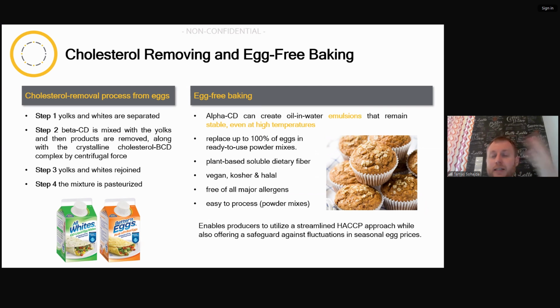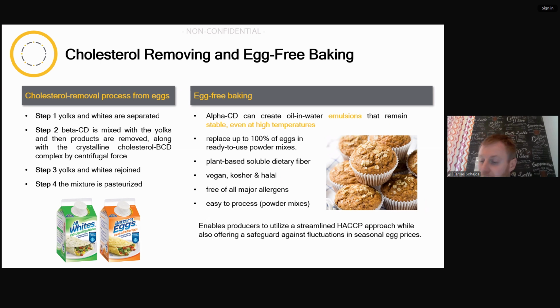And in these cases, what is done is that during the process of preparation, cyclodextrin is added, which forms an insoluble complex with cholesterol that can be separated from the other components of the food, and thereby the cholesterol is removed. The cyclodextrin is accordingly not part of the final formulation either, and you get a cholesterol-free food.